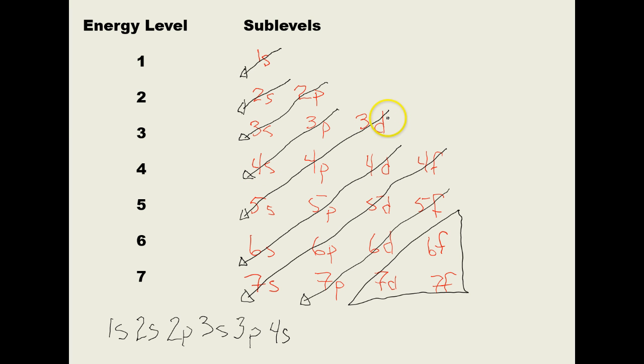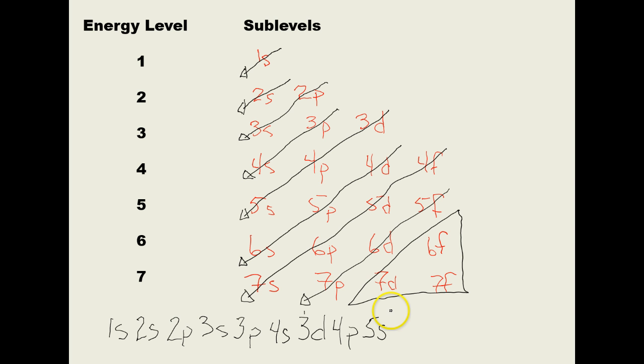Now we're going to come to the tail of the next arrow, and electrons are going to go into the 3d. After the 3d, follow the arrow. We're going into the 4p, and then we're going to end that arrow with the 5s. After the 5s, we go to the tail of the next arrow, which starts the 4d.